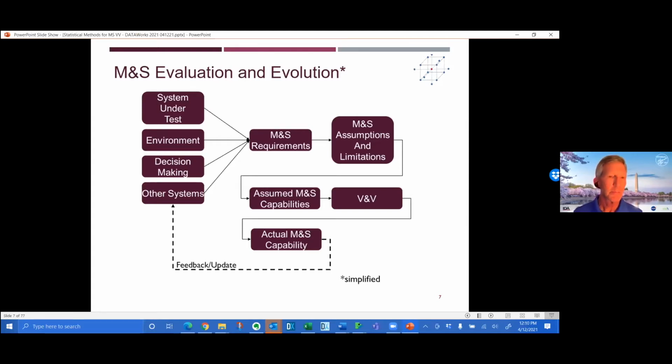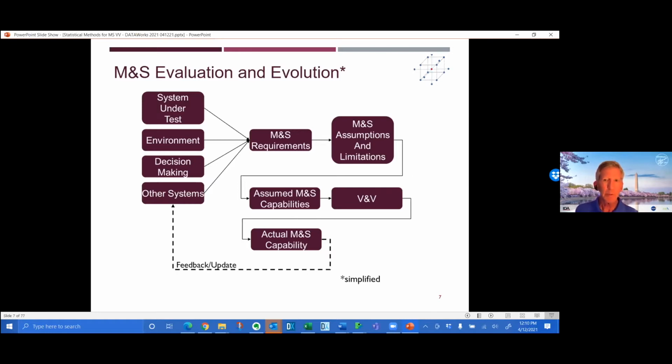So all those parts of the integrated simulation or model feed into requirements, and then the requirements become the assumptions and limitations of the simulation. When the simulation gets more and more developed, then it establishes capabilities, and then at some point we're going to go through the V&V exercise. And note that this is iterative, all parts of this iterative. So the V&V goes through various different stages as well.